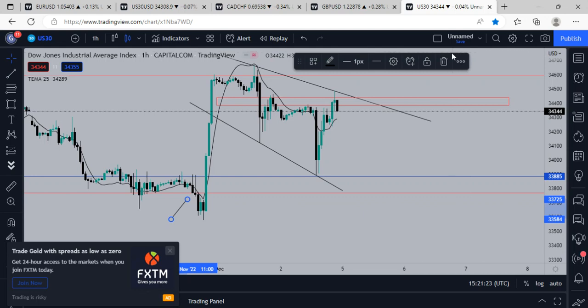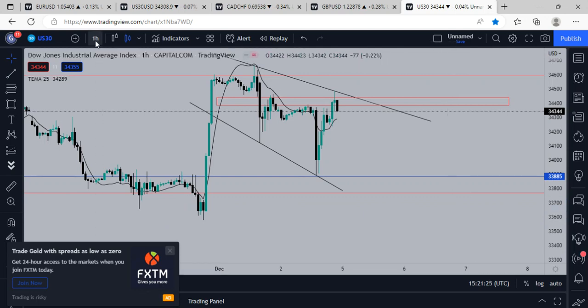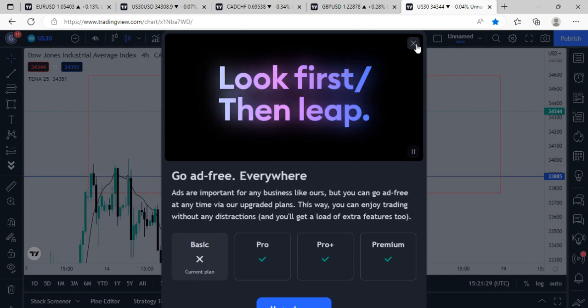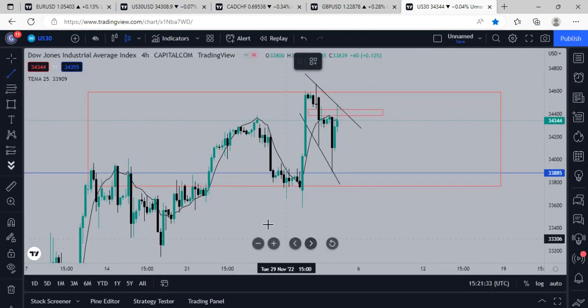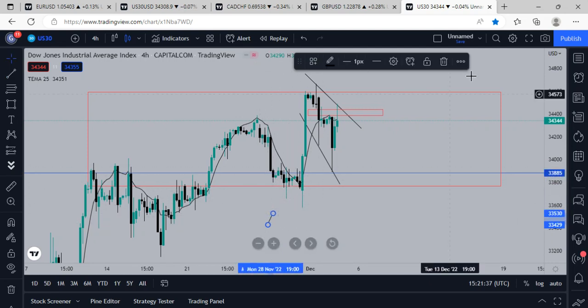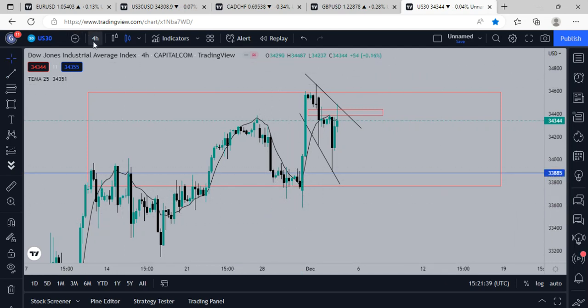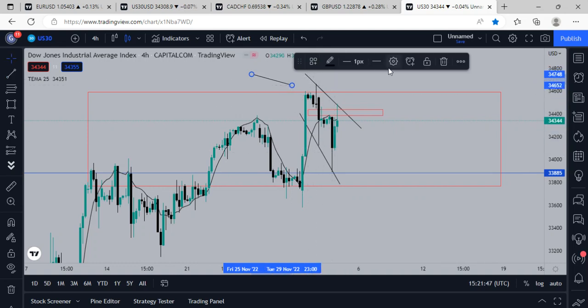If I could just look carefully, if I could just check again, yeah, this is our most recent major higher low. And then price made a higher high. So now price will be selling to form another higher low.